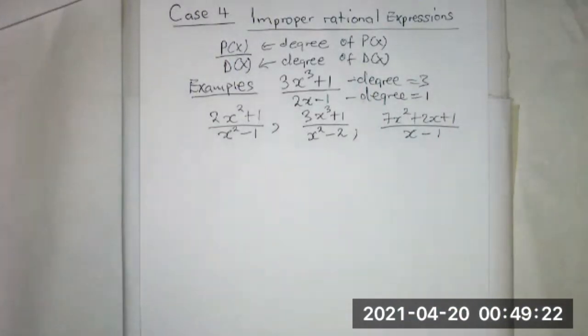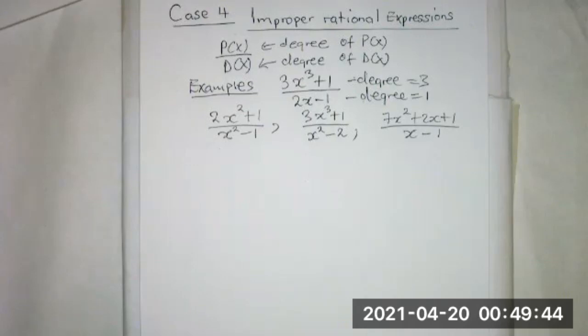Remember all the other three cases: the first case when we have distinct linear factors, the second case where we were talking about repeated factors on the denominator, and finally the third case where we were saying irreducible quadratic.